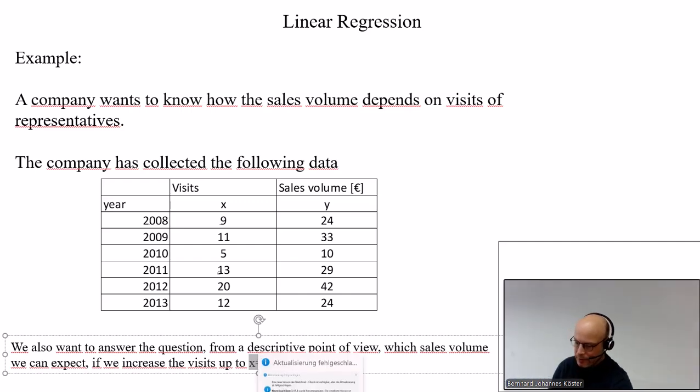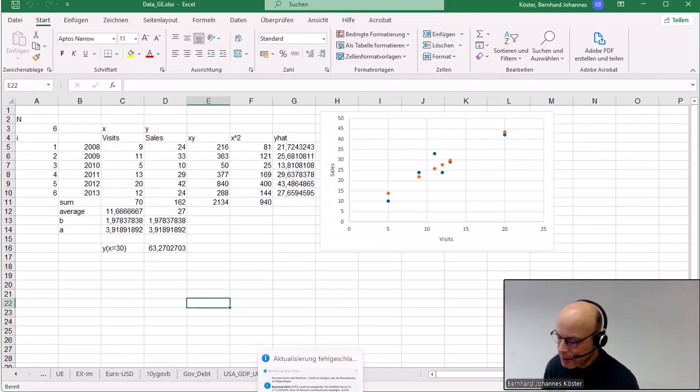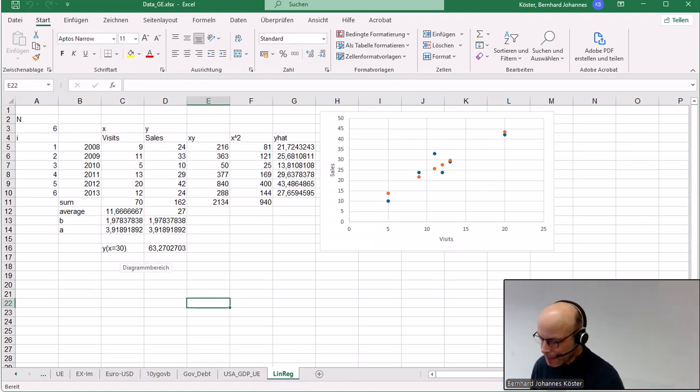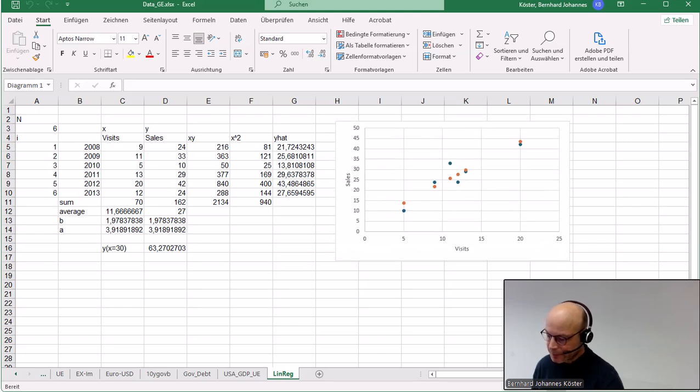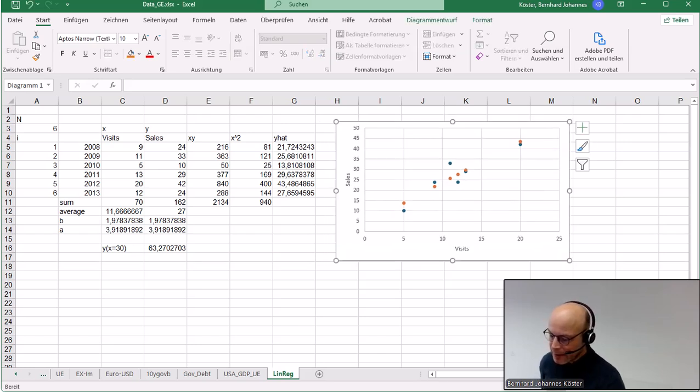And with this linear regression, we find that we obtain a forecast for 30 visits of a sales volume of 63 euros.